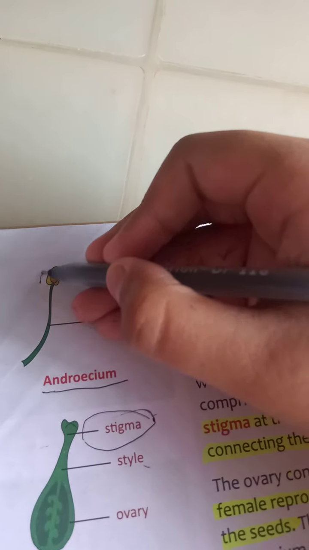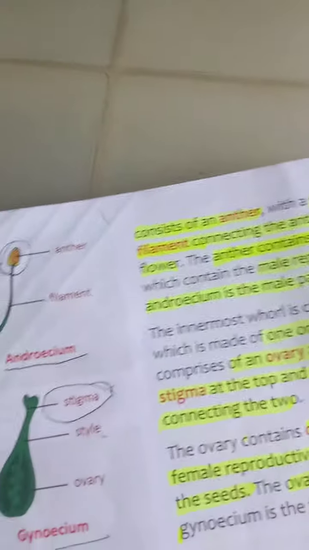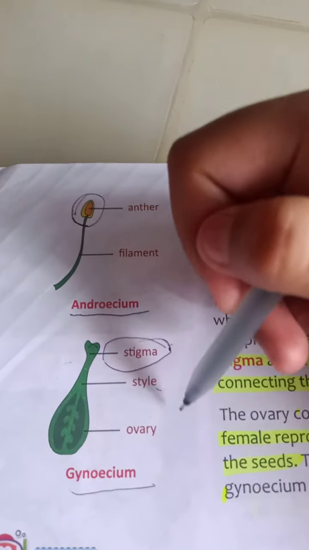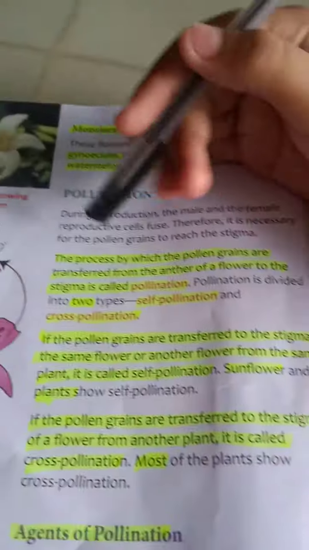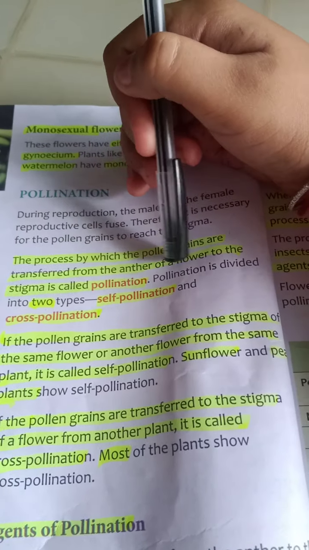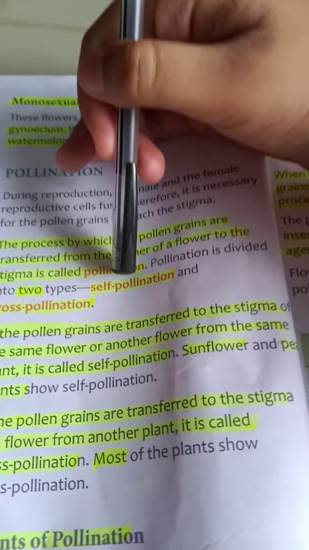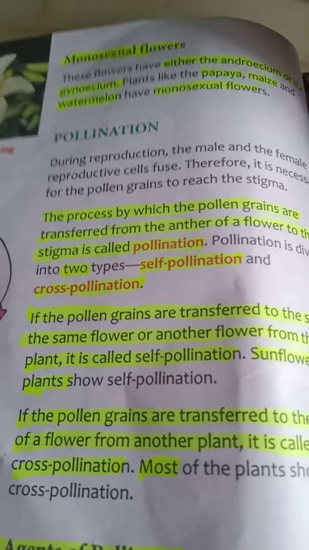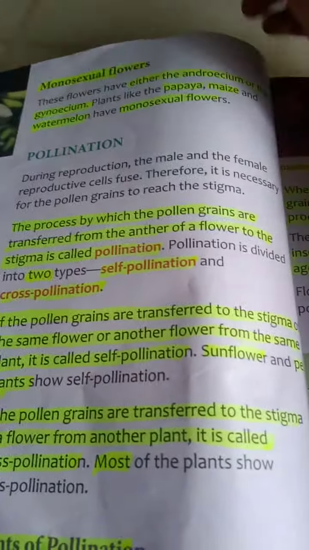The androecium consists of anther and filament, and gynoecium consists of stigma, style and ovary. So what is pollination? The process by which the pollen grains are transferred from the anther of a flower to the stigma is called pollination.